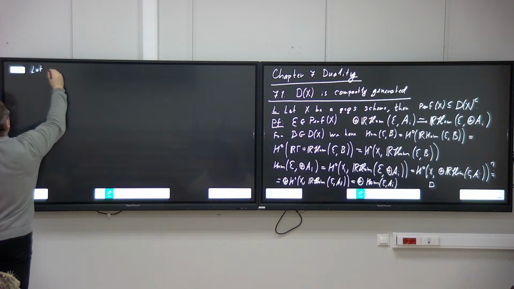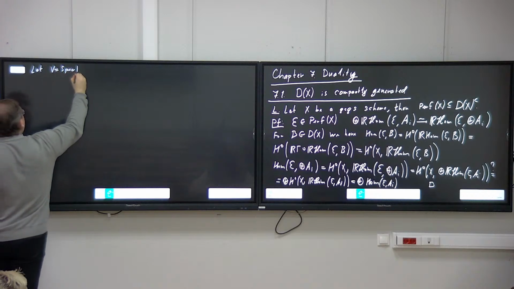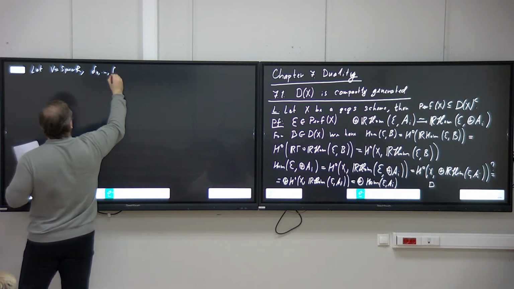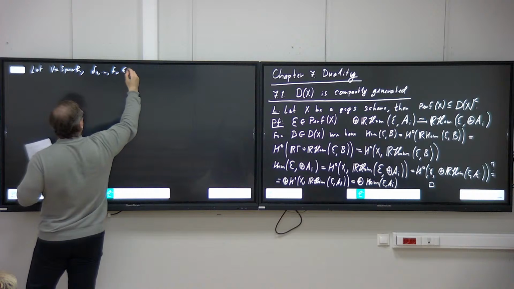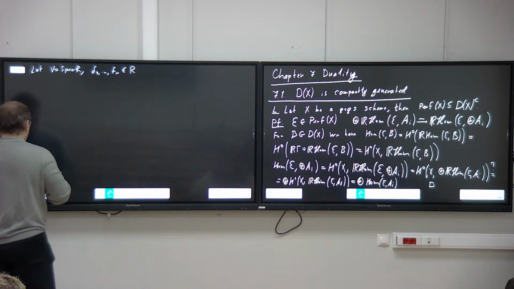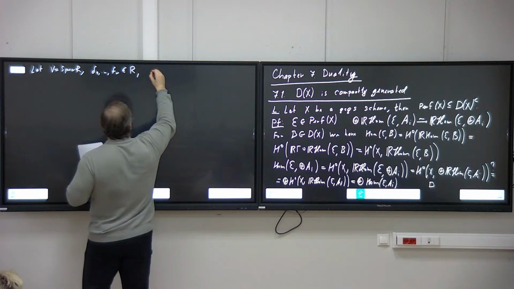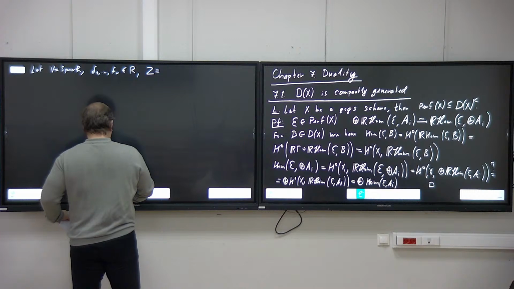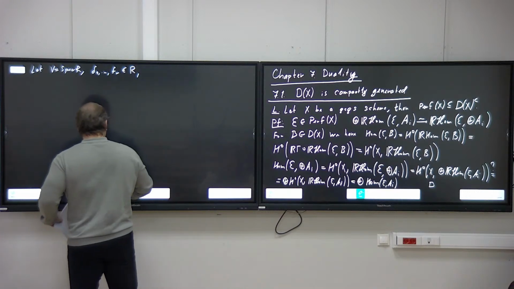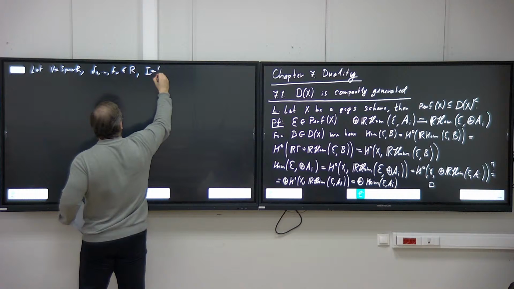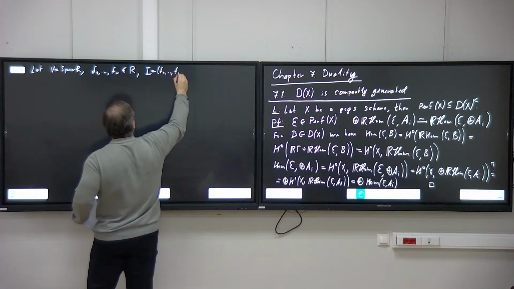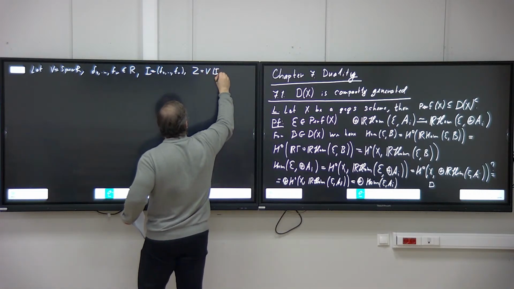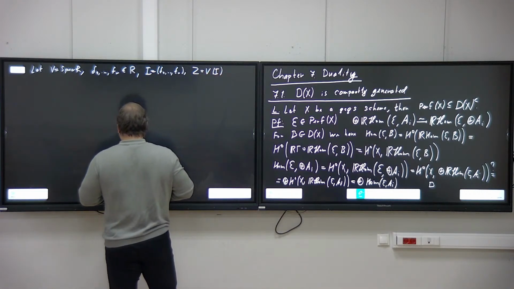So let R be some commutative ring. I assume that I have several elements, some sequence of elements f_1, ..., f_n, which is not necessarily a regular sequence. Then this sequence defines, maybe let me also introduce notation, the ideal generated by this sequence. And the closed subscheme Z will be just the V of this ideal, some closed subscheme.